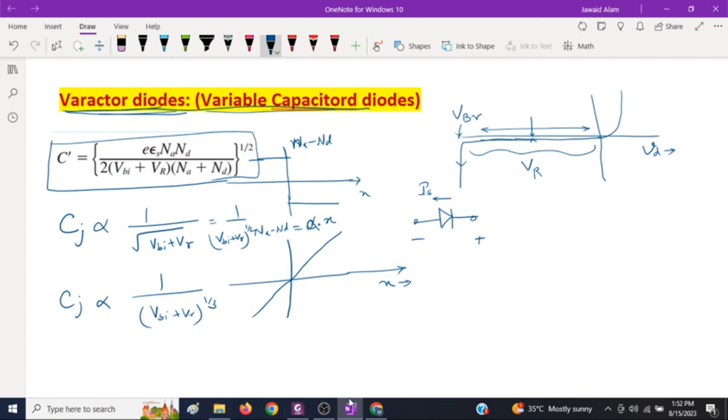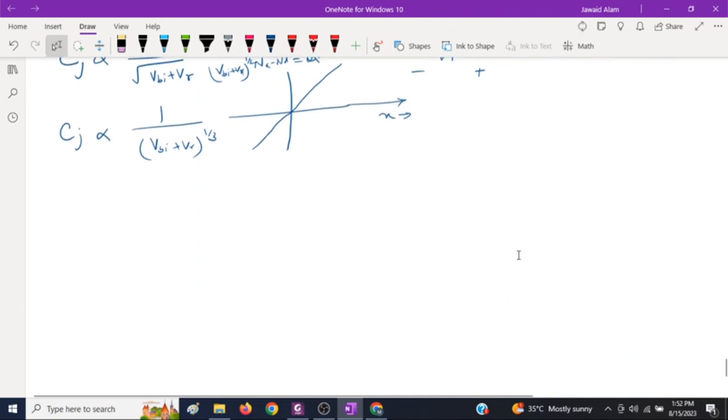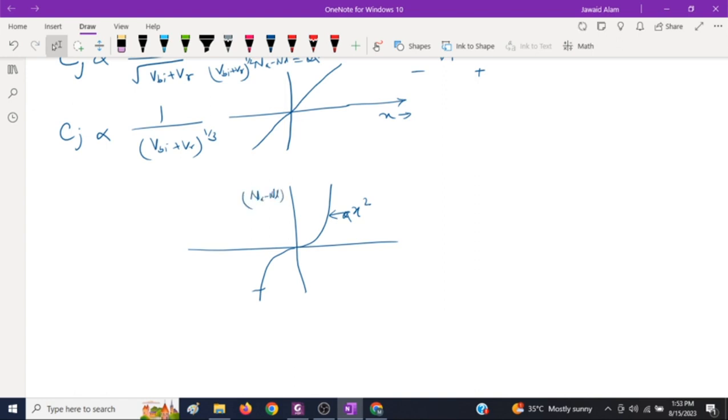In general, if you have any junction profile, let's say you take it like this, where the junction profile Na minus Nd is proportional to x square, or more generally x to the power m, then the junction capacitance is proportional to Vr to the power minus n, where n is equal to 1 by m plus 2.